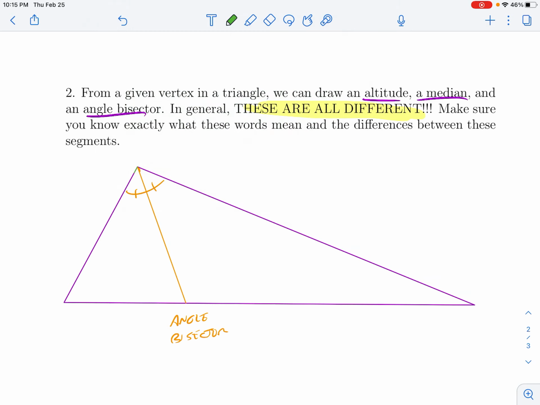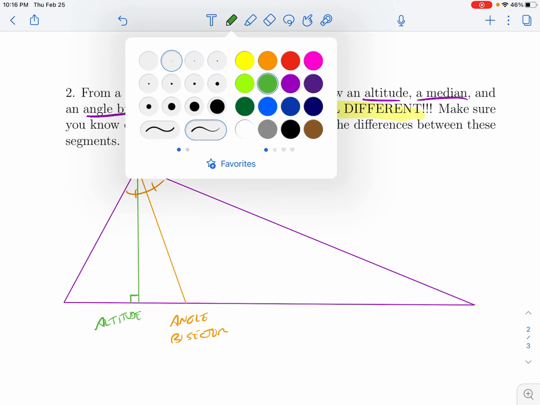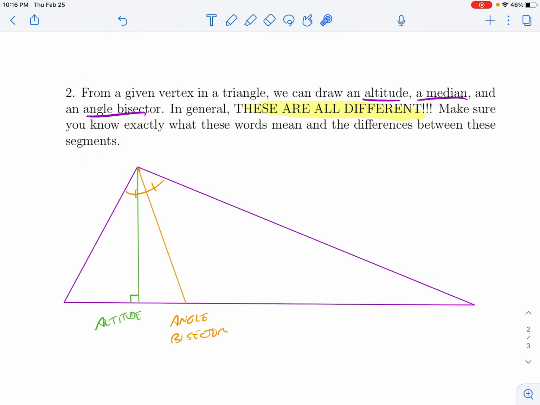In green, I could draw an altitude. And the midpoint of this segment at the bottom appears to be somewhere around here. So this segment in black would be my median. They are 3 different segments.